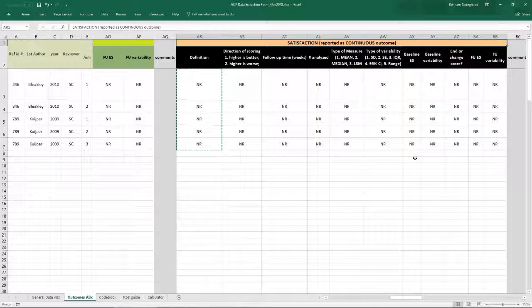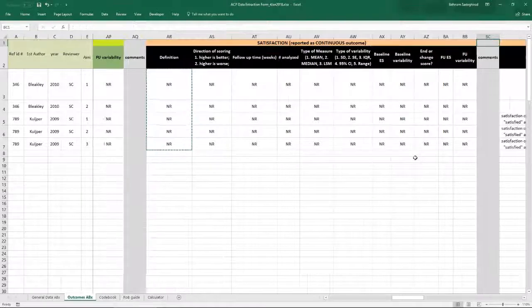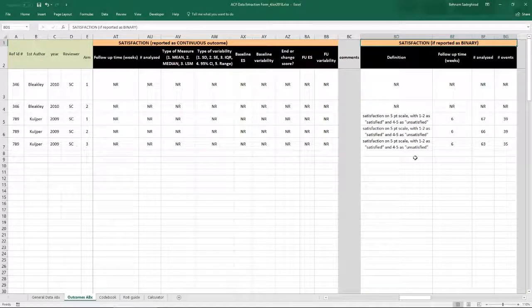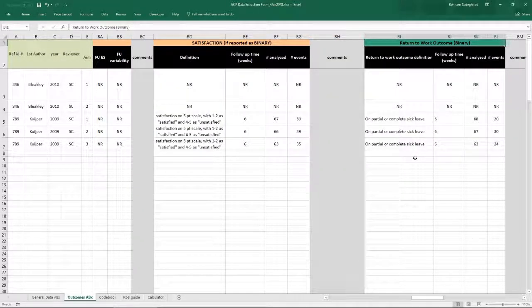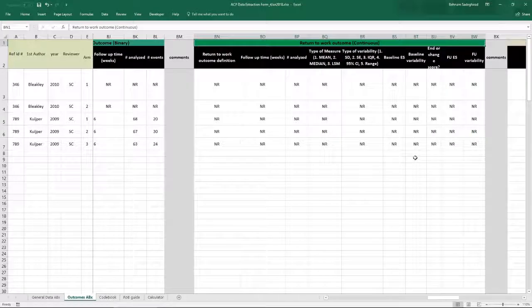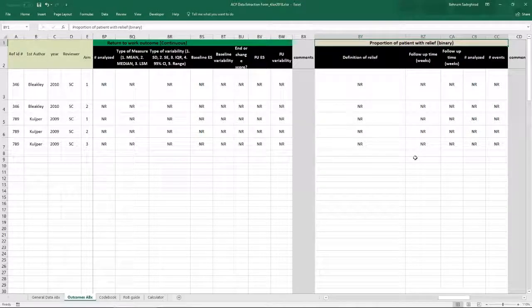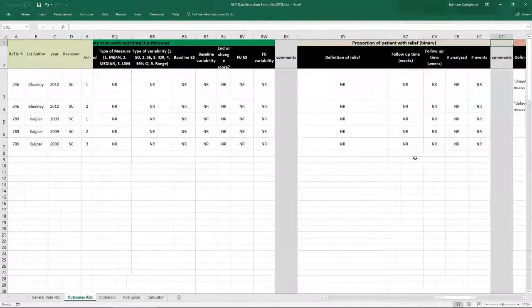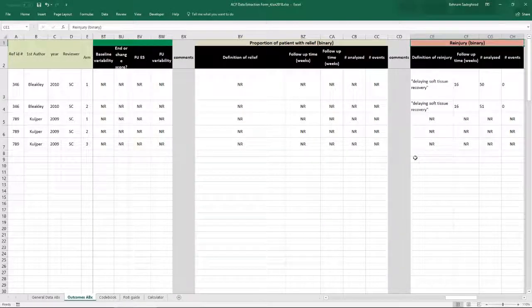Satisfaction, here we are interested in continuous and binary outcome. There are separate columns, as you can see, for continuous and binary. Return to work, both continuous and binary, again in two separate columns. Proportion of patients with relief as a binary outcome only, and re-entry as a binary outcome only.